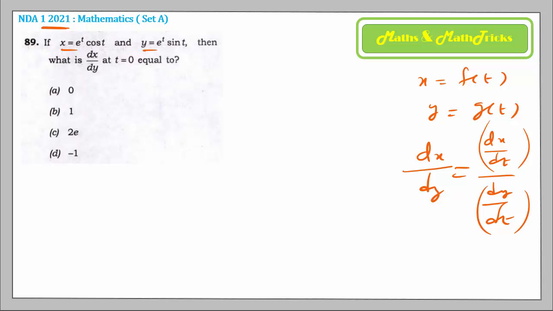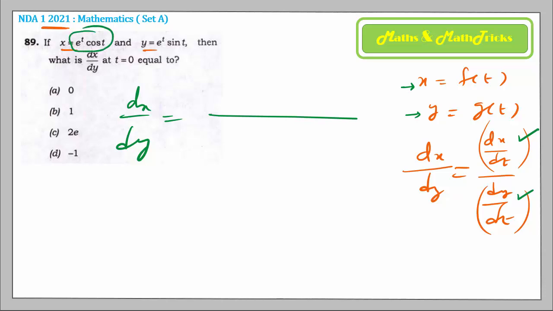All right. Now x is there, y is there in terms of the variable t. So you have to calculate dx by dt by differentiating x with respect to t, calculate dy by dt by differentiating y with respect to t. So what do you get? And then we put that as a ratio. So directly I am writing now numerator dx by dt, I am writing derivative of this e power t into cos t. The e power t into cos t is a uv, that is the product of two functions.